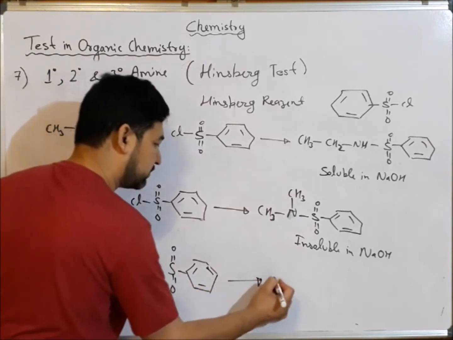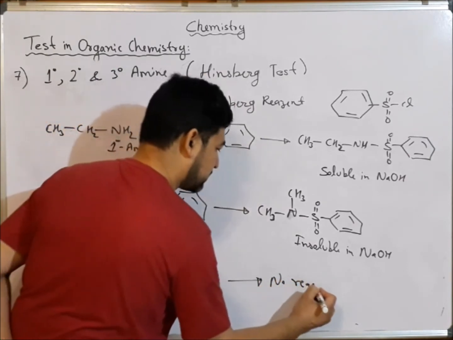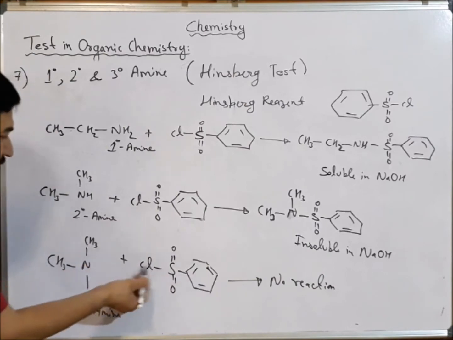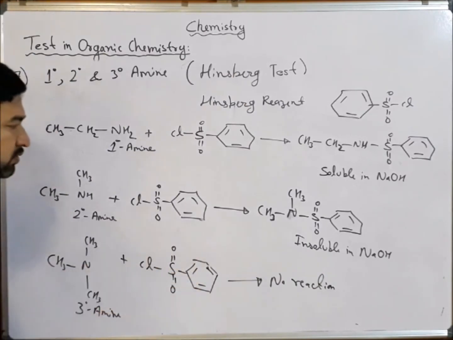So no reaction. Since it does not have an H, the chlorine cannot react. So in this way, we can distinguish between primary, secondary and tertiary amine.